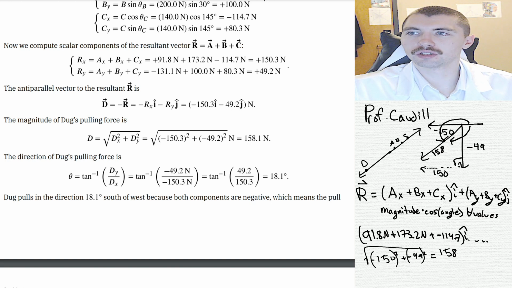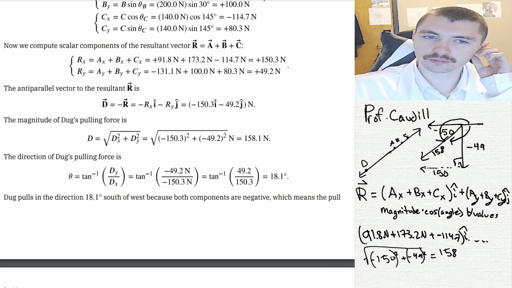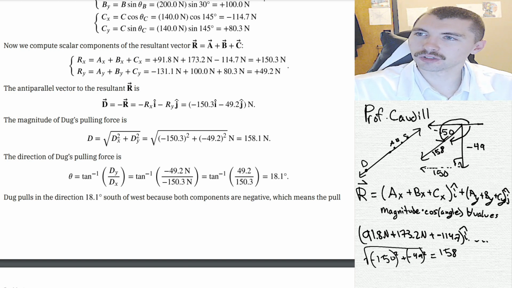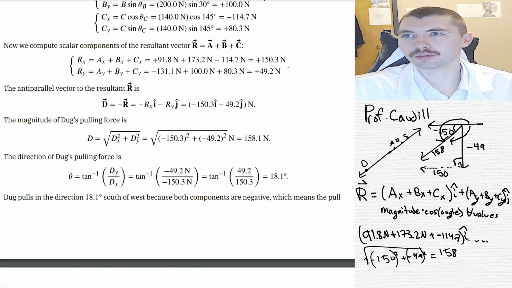If you did it the long way, it's going to be this angle. It seems like they always do tangent, even if you know all the angles.